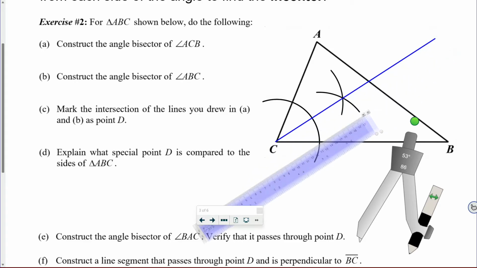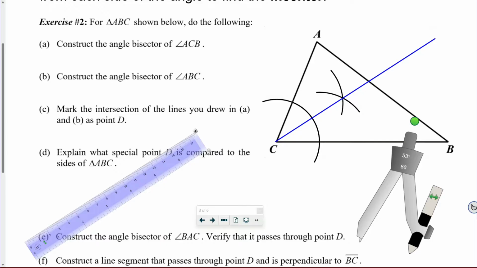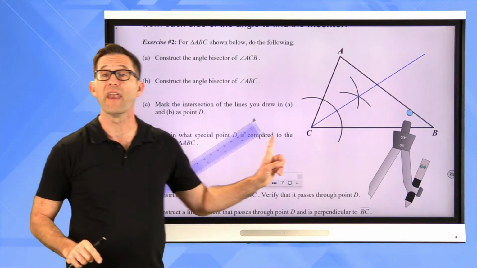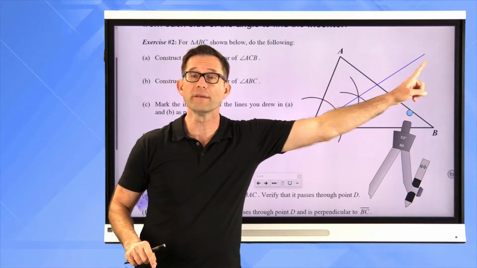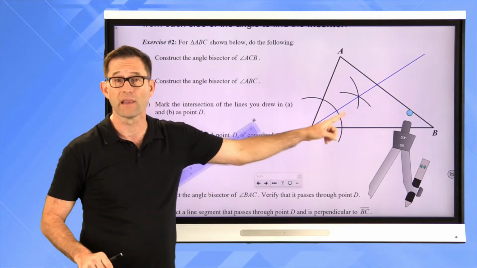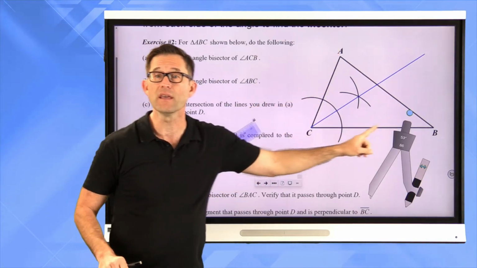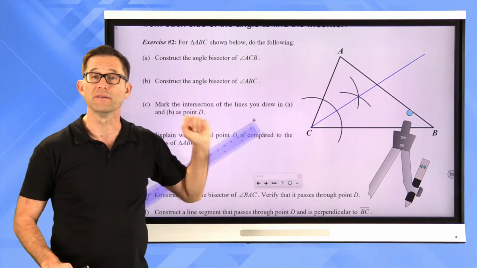And that line then bisects angle ACB. Fantastic. And keep in mind that every point along that line, or along that ray, lies equidistant from side AC and from side BC.